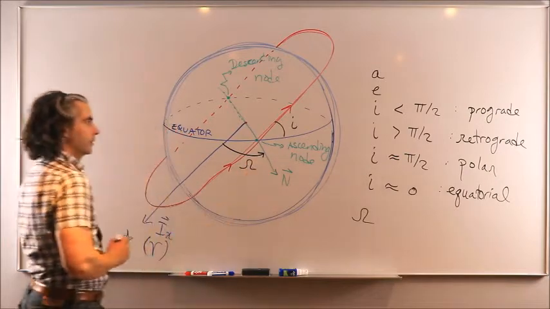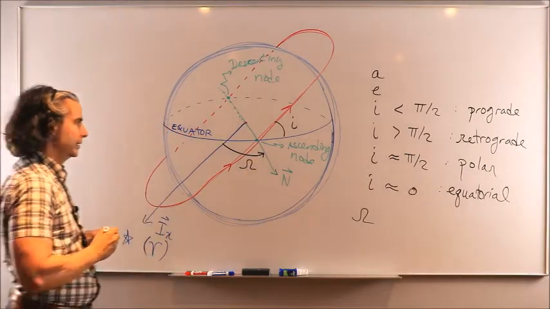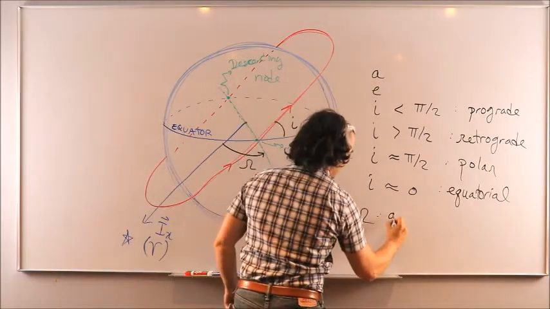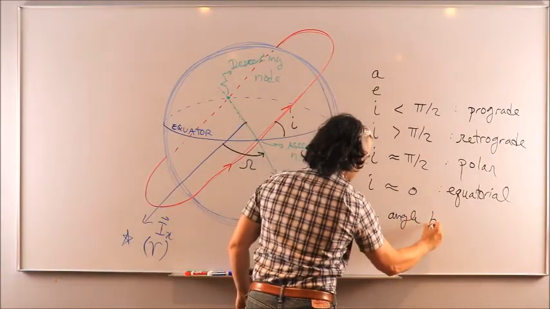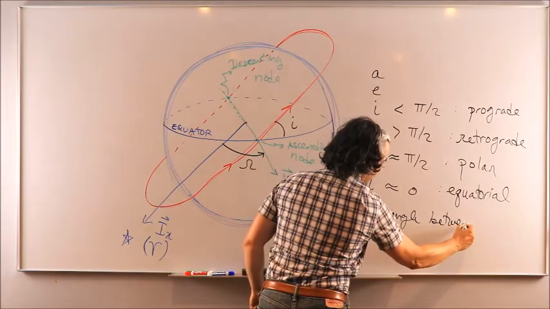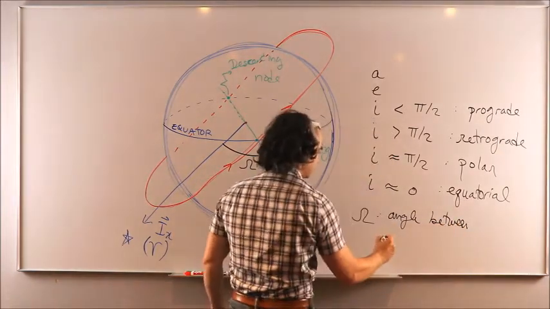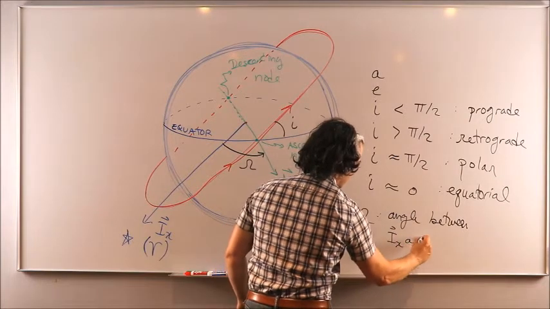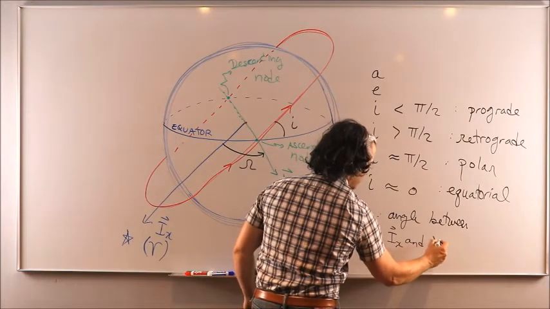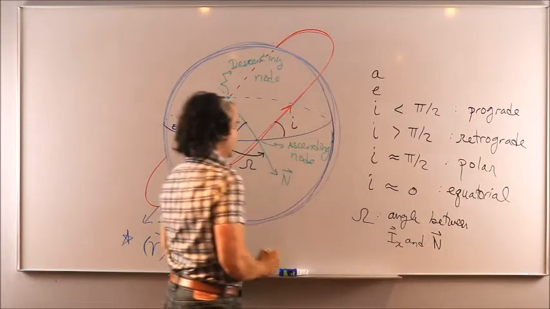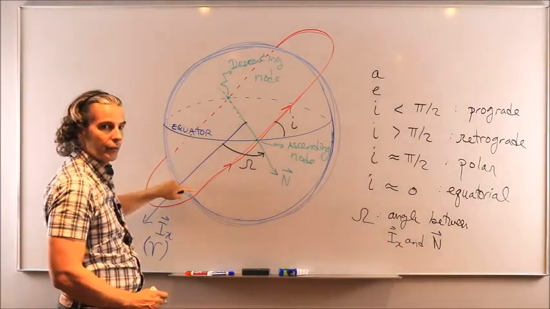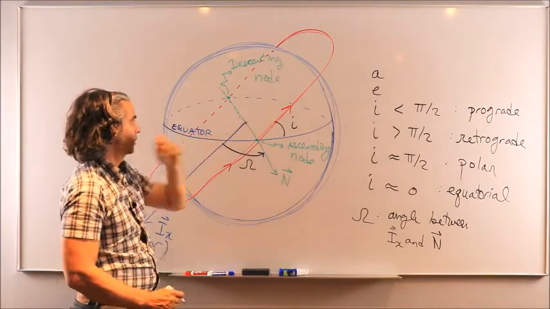So it is this angle measured in the equatorial plane. I'm going to say angle between Ix and unit vector pointing at the ascending node, that point here, when you go from south to north along the orbit.